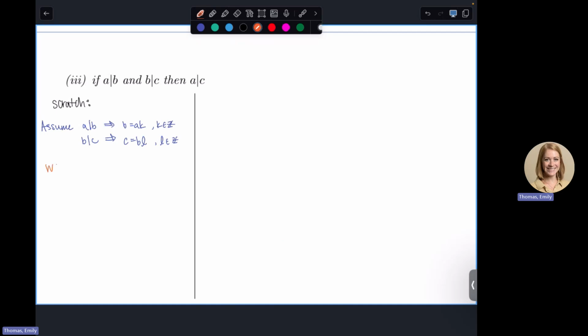And what are we trying to show? Yeah, we want to show that A divides C, and what does that mean? C is going to equal A times some integer.